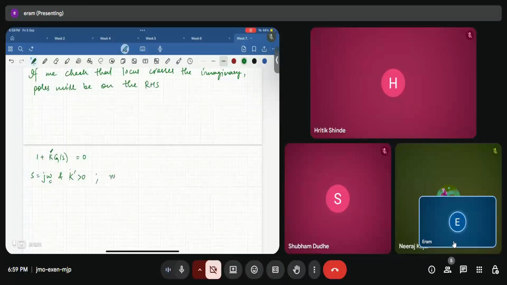We say that the root locus will cross the imaginary axis.